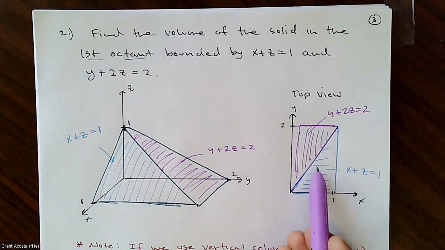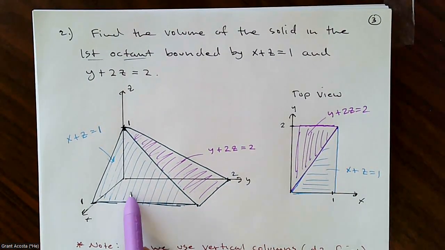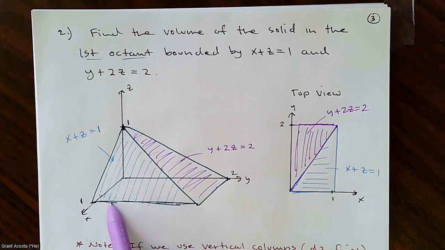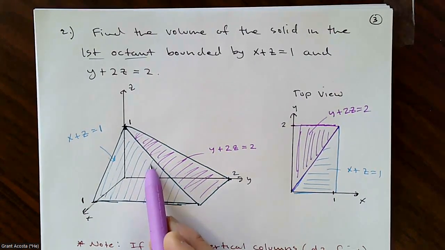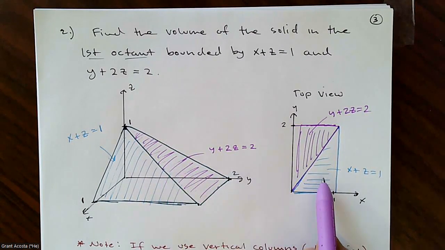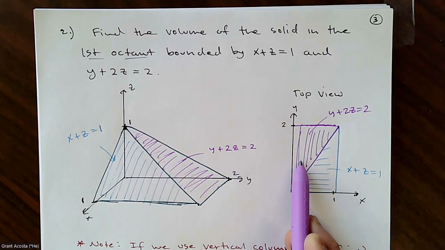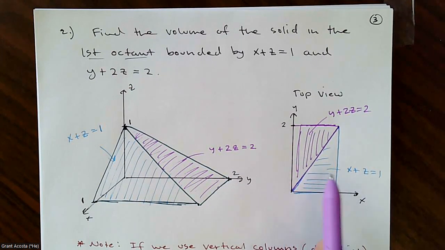So the implication of that is, think of this as a room. The floor is this rectangle, and you have columns coming up and hitting, depending on where the columns start, one plane or the other. And so I kind of have two different ceilings here.